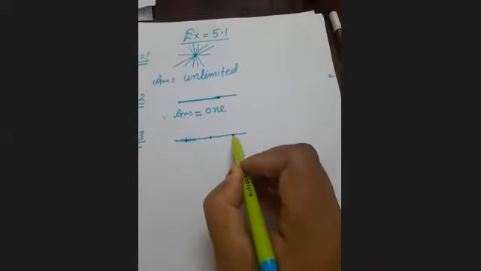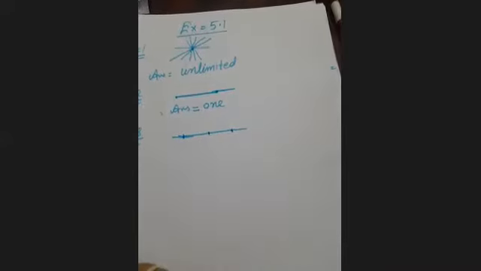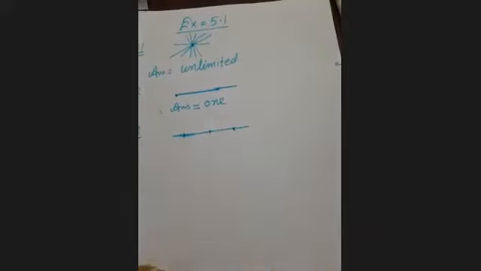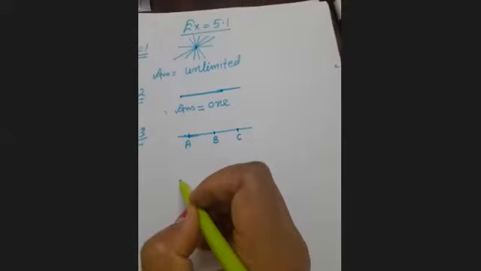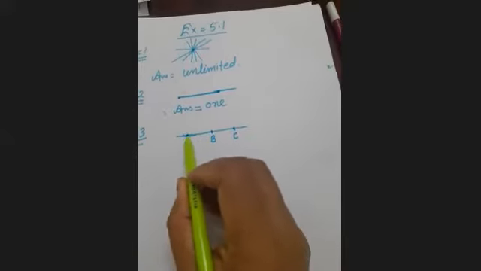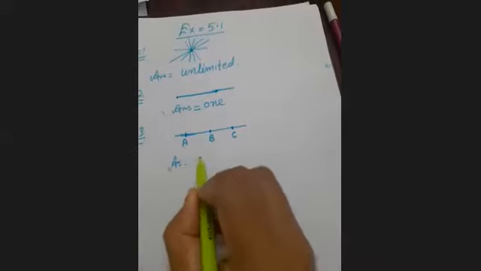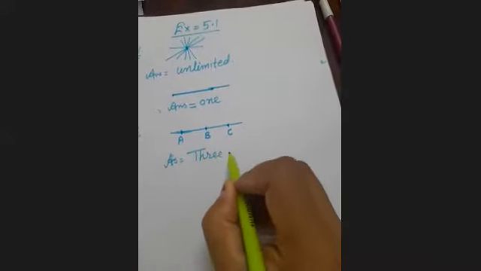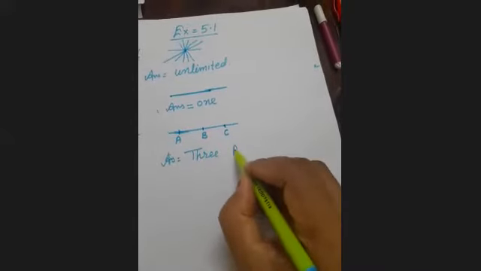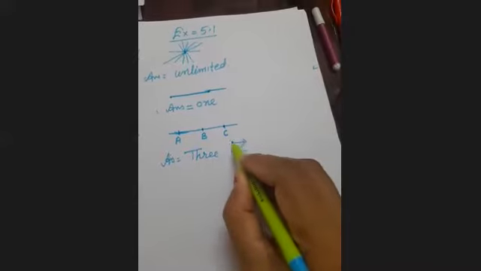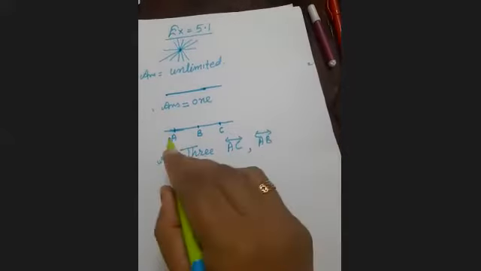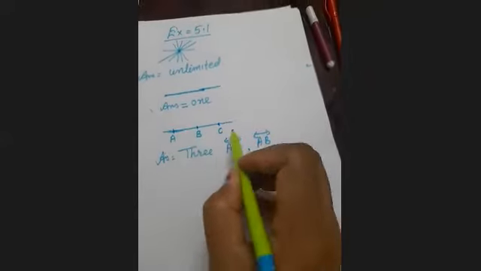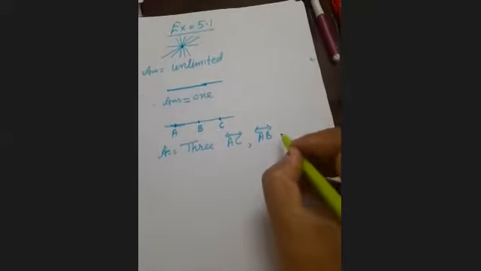Suppose this point is A, this point is B, and this point is C. Now, how many lines can be drawn through 3 collinear points? We can draw 3 lines: AC, AB, and BC.